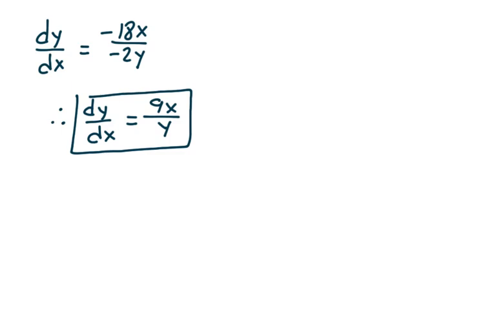Let's take a look at example 2. Suppose we are given 2x squared plus x times y equals 1. And what we're going to do is differentiate both sides with respect to x.